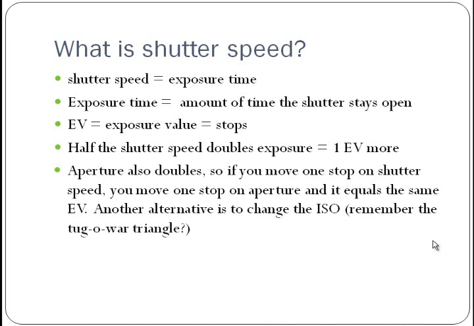The aperture also doubles when you move it per stop, up or down. So if you move one stop on the shutter speed in one direction, you move one stop on the aperture in the other direction, and it equals the same EV, or the same exposure value.